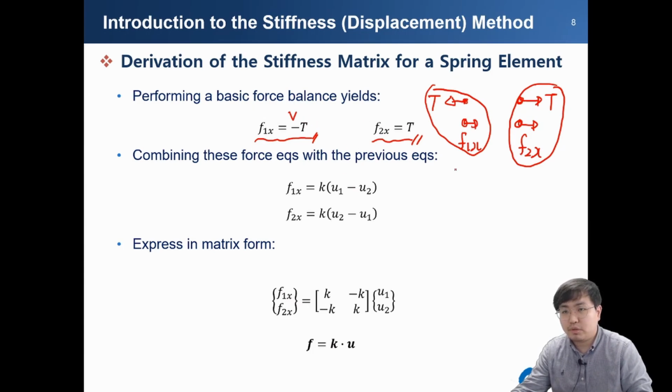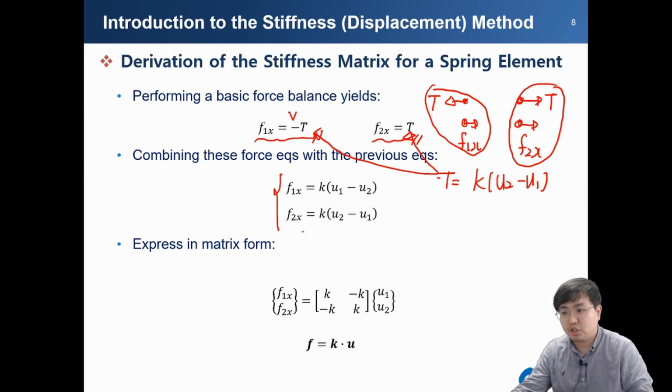We already know that T is equal to K multiplied by U2 minus U1. So after embedding T in each equation, we finally obtain this kind of force equation here. So this looks like a linear algebra equation.